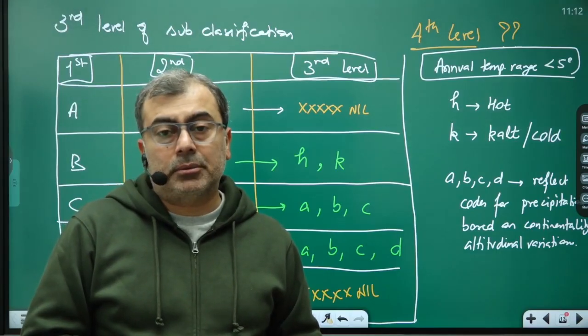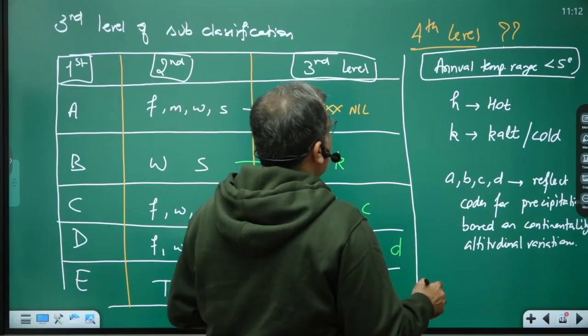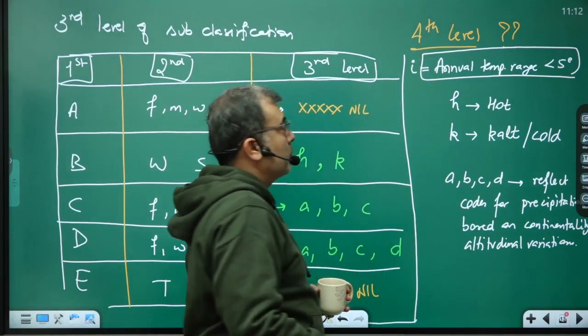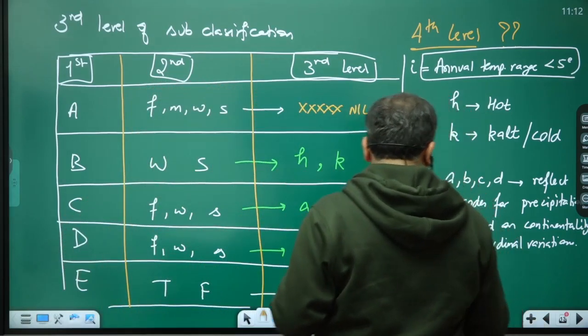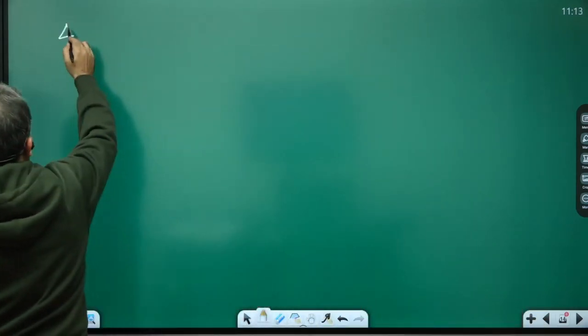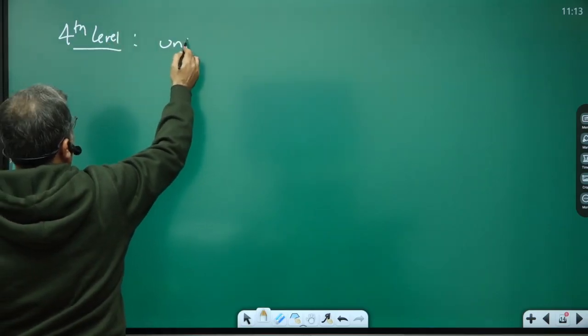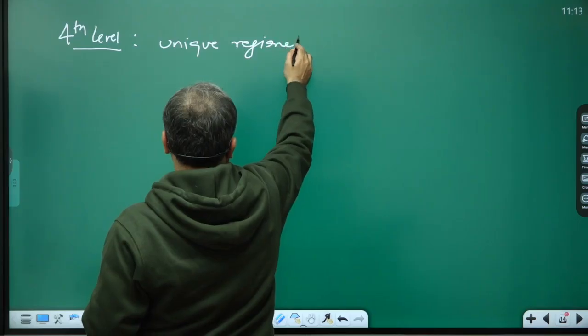So okay, for you there is a fourth level, and its code is I. I is the fourth level. What is this? So any exception, so now the fourth level is also going to come: unique features, regional aspects.